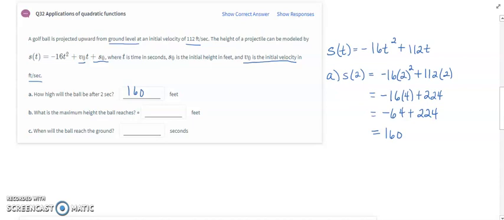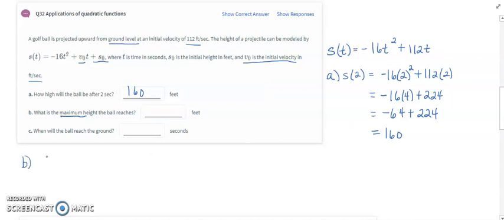What is the maximum height the ball reaches? Very important: when you have a quadratic function and you're asked to find the maximum or minimum, that should always be a clue that you need to find the vertex. So the vertex, because this is not in vertex form, we want to use the vertex formula.